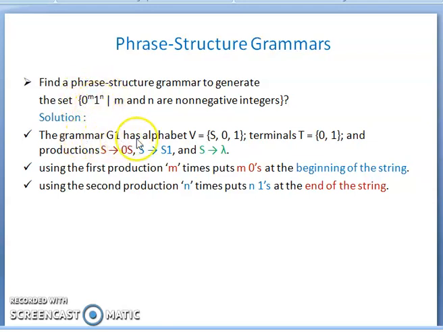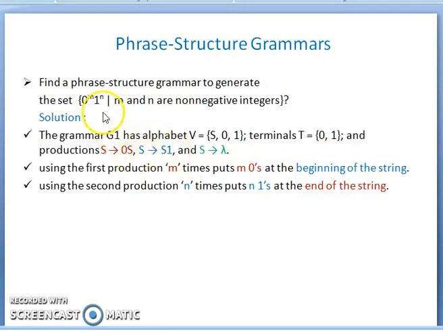The grammar G1 has the alphabet S, 0, 1. 0 and 1 are the terminal symbols, S is the start symbol. And the productions are S implies 0S, any number of 0s followed by S, and S implies S followed by 1.